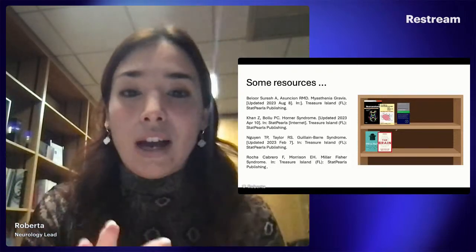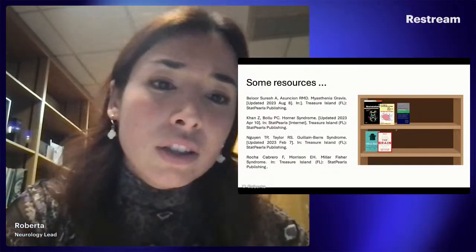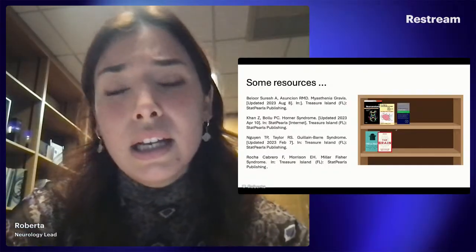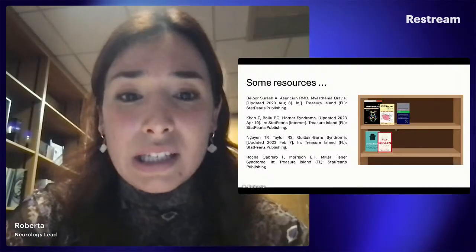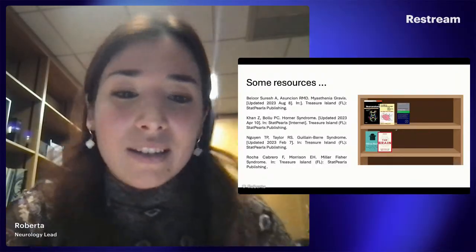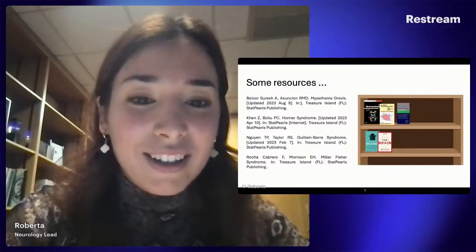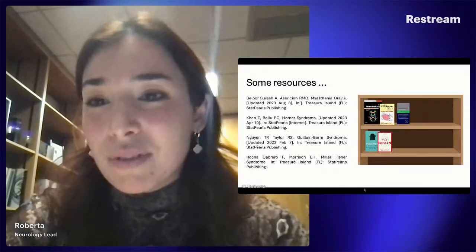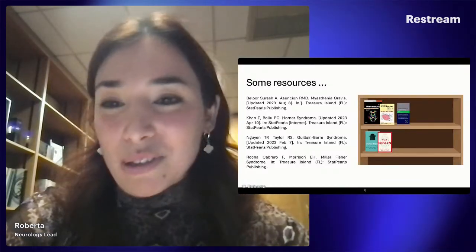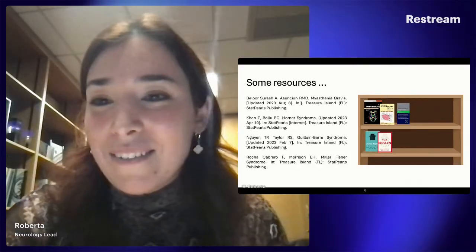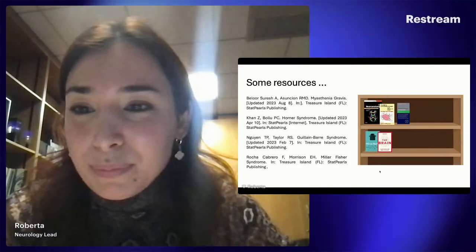So I think it's quite useful to have them side by side. And the Oxford Handbook is always a good summary of management, presentations, etc. And the latter, I feel, are more for you to enjoy in your free time, if you like neurology and you want to have a nice read outside of the textbook.